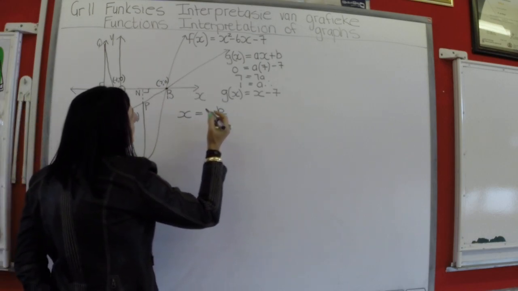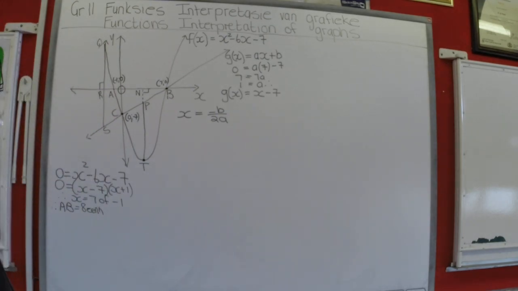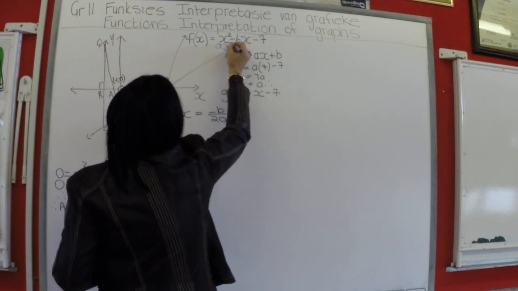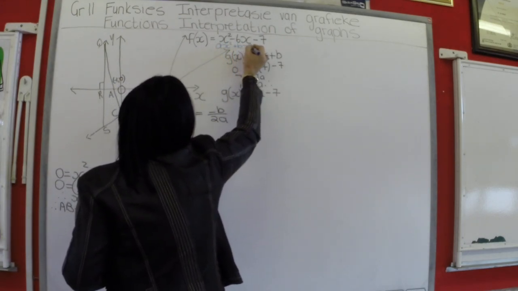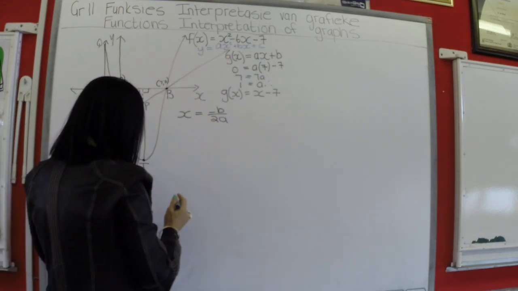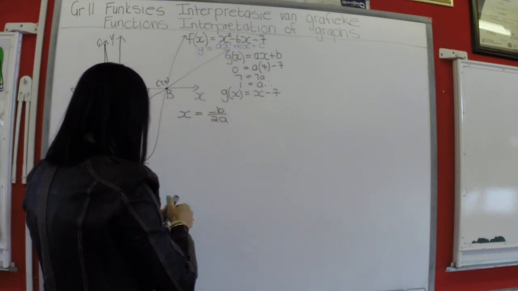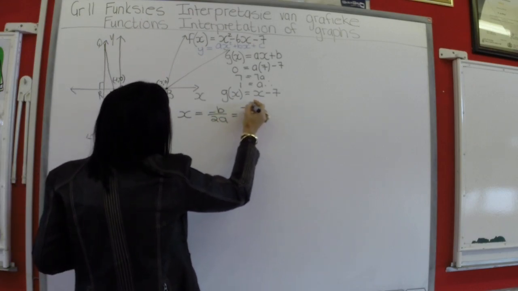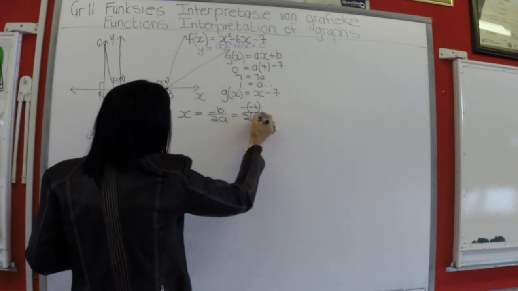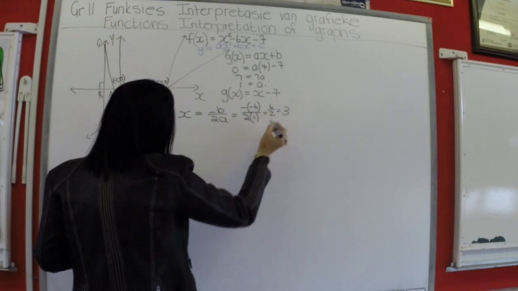So now, if we think of ax squared plus bx plus c, dit is y is gelyk aan, so dan het ons b-waarde is minus 6, so we've got minus 6, ons a-waarde is 1, so dit gaan wees 6 op 2 en dit is gelyk aan 3.